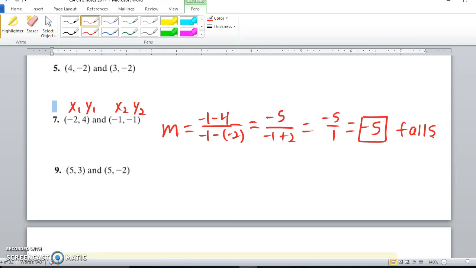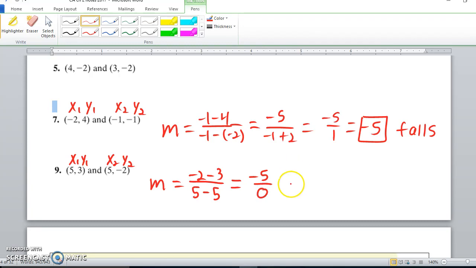All right, let's look at this last one. So x1, y1, x2, y2. So here we go, m equals -2 minus 3 all over 5 minus 5. Well, this time we get -5 over 0, so 0 is in the denominator spot this time.